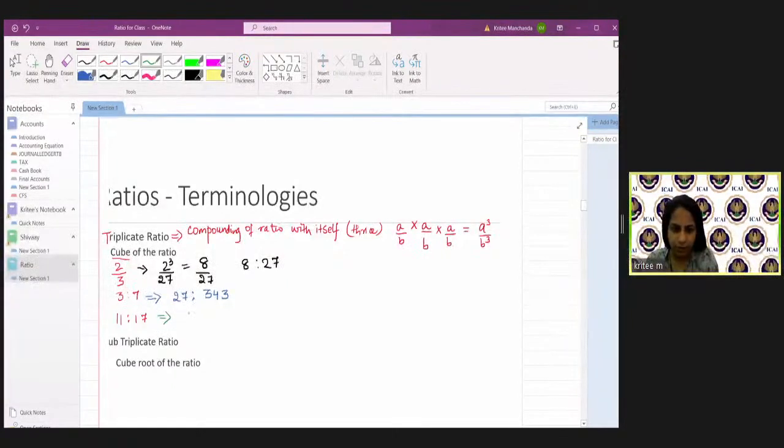Into 11 is 1331. 17 into 17 into 17 will give you 4913. So keep checking the answers. I hope everybody is enjoying these questions.